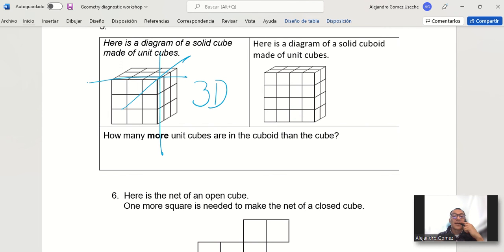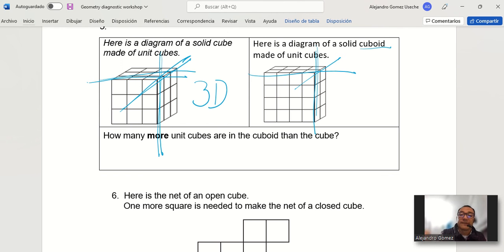And over here we have a cuboid. It is a cuboid, not exactly a cube, because it has different measurements in the 3 dimensions. Faces over here are 3 by 3, 3 in the height, 3 in the width, 3 in the depth.